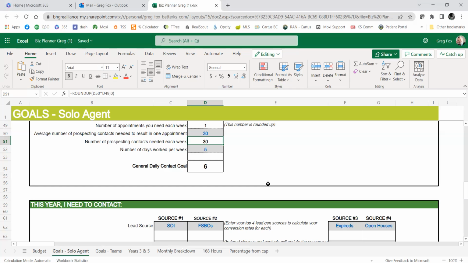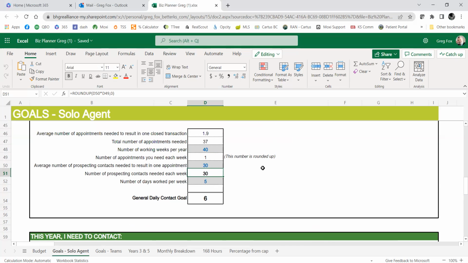I have a question. If you covered this, I'm sorry, because I was taking notes. On the average number of prospecting contacts needed to result in 1 appointment, that number on the spreadsheet is set at 30. Is there a calculation behind that? Type in whatever you want. Whenever I click on a field, what you'll see up here is what is in that field.